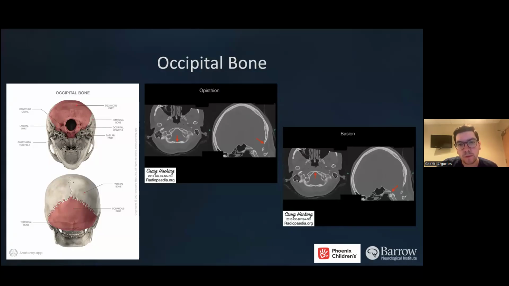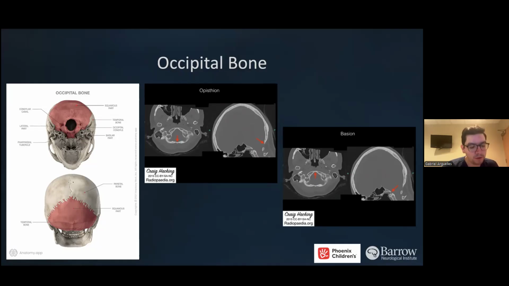So the opisthion is the posterior aspect of the foramen magnum, the inferior-most extent of the supraocciput as it meets the foramen magnum, and that's the image in the middle. On the right, the basion is the bottom part of the clivus, the inferior-most aspect of that part of the occipital bone.